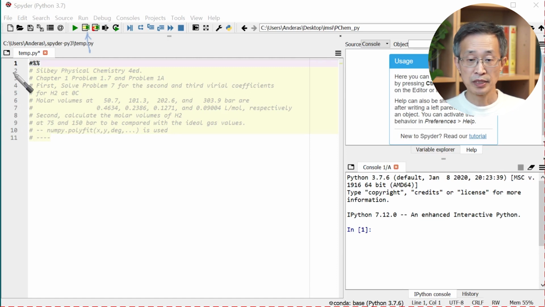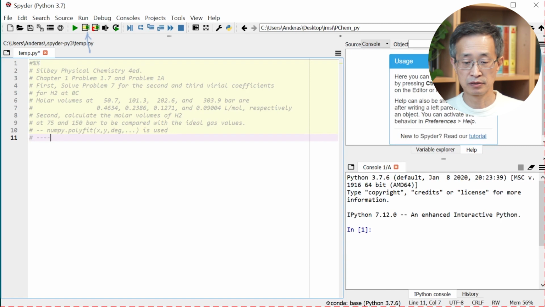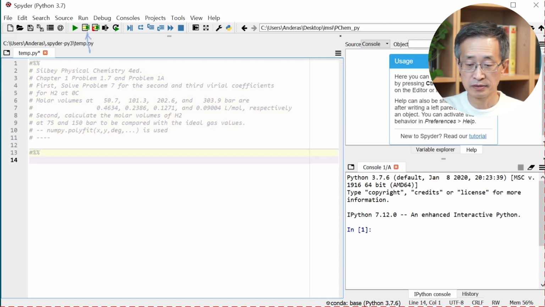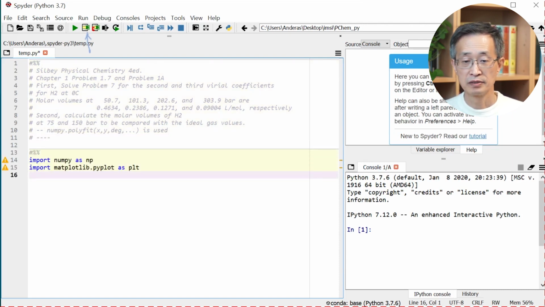Next, after the comment, I will make a separation. Not really needed, but with another pound, you notice that this section and that section are separated by a horizontal bar.